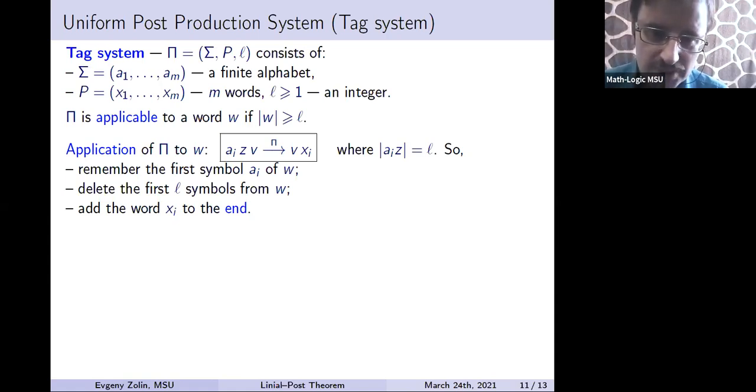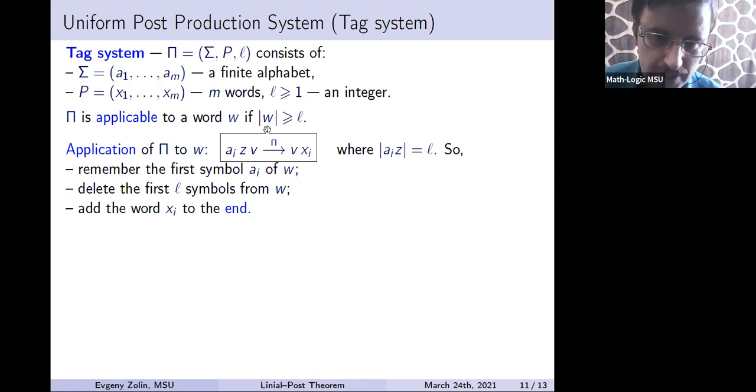And so one would expect that these systems are very easy. If you have this tag system and you have some word W, you can easily start to transform it. You start with some word W, you transform it once, twice, and so on.